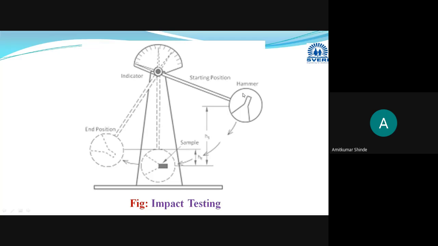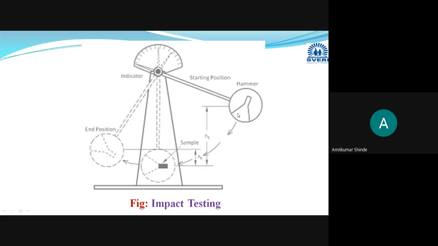One hammer will be there. In some books the hammer is mentioned as a crosshead also. Hammer, crosshead, or a pendulum will be there. This will be helpful for creating the impact on the specimen. And then at the top, one indicator will be there. On this indicator, we can measure the starting position and end position of that pendulum or hammer.